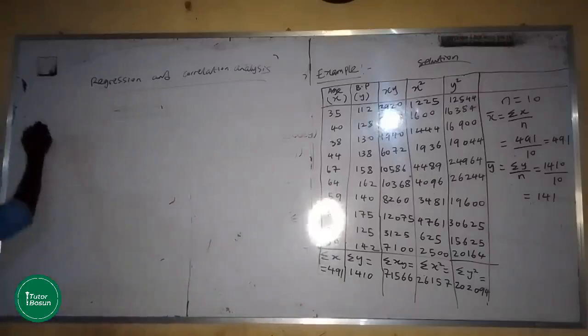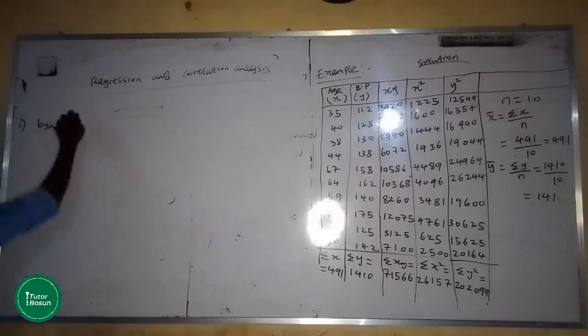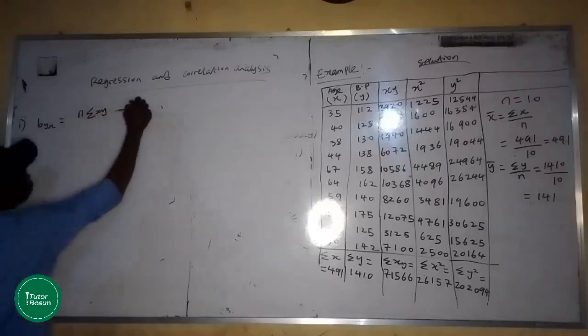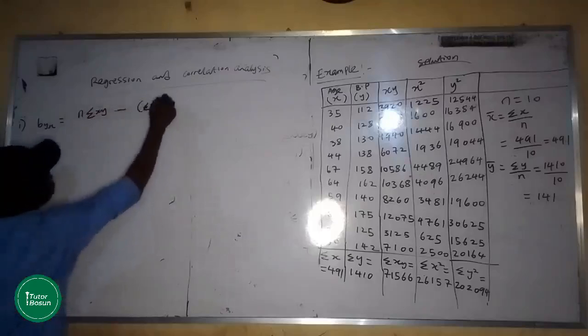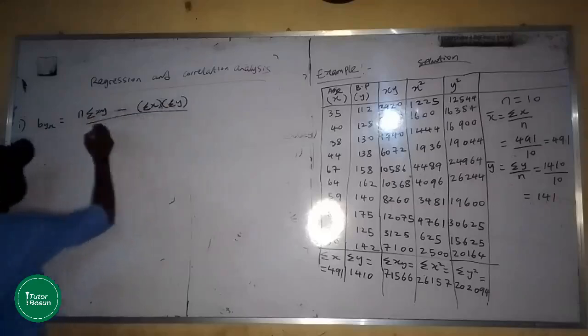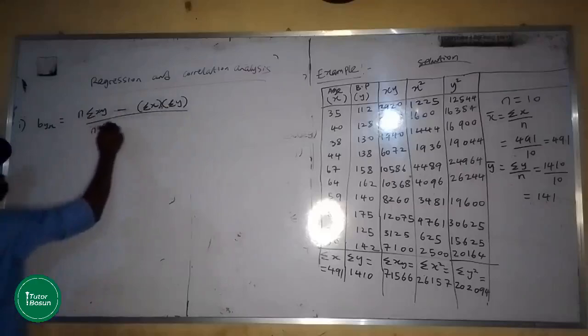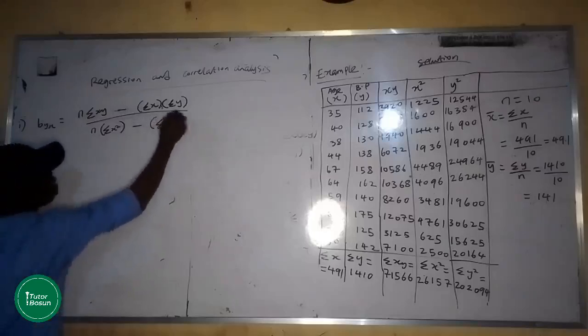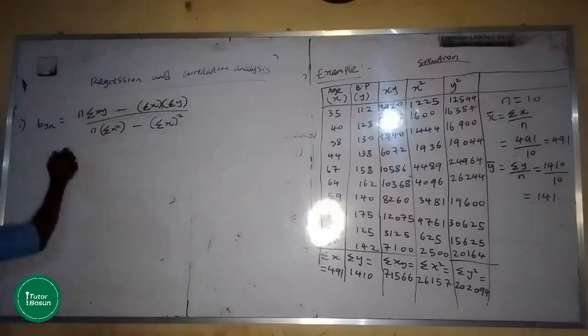The first thing to do is to determine our regression of y on x, and recall it is n summation xy minus summation x times summation y over n summation x squared minus summation x squared, all squared.